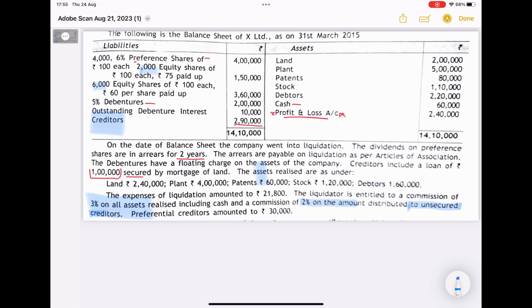So first we pay the 2,000 equity shares of 100 each, who had paid 75 paid up. The 6,000 equity shares of 100 each had paid only 60 per share. On this basis we first paid the first group. Easy, no more confusions, I think. Hope you all understood the concept and the problem as well.